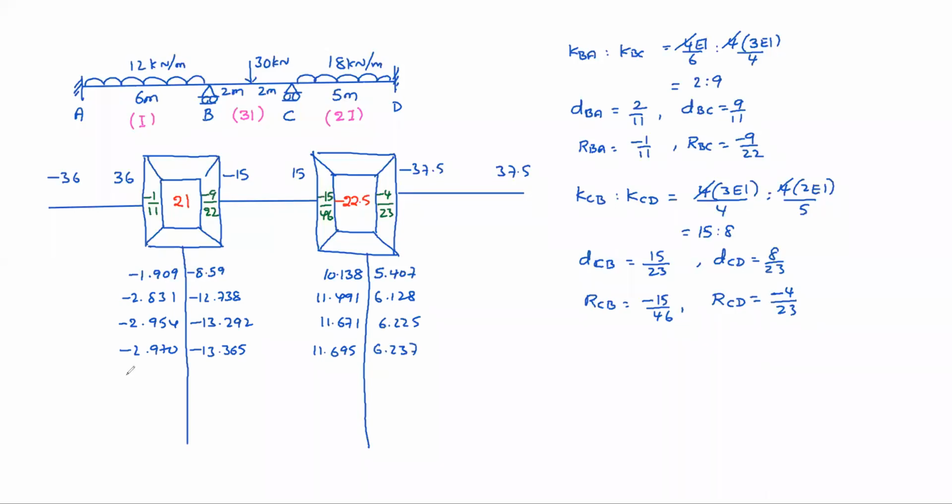Fifth cycle: minus 2.972, minus 13.375, 11.698, 6.239. Last cycle: minus 2.972, minus 13.376, 11.699, 6.239. These are the final rotation moments we need to calculate.